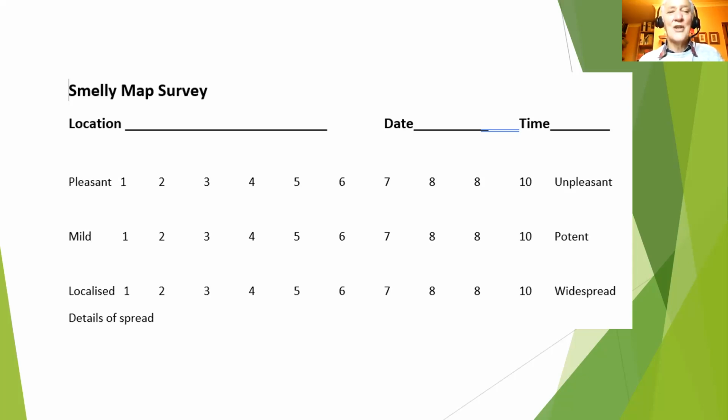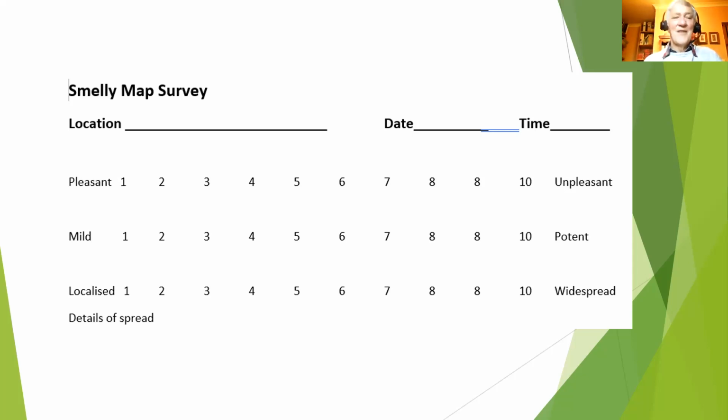Are the smells pleasant or unpleasant? Can you grade them on that 1 to 10 basis? Mild and potent. Is it a very mild smell or is it a very strong smell? Is it localized, a smell that's specific to a very small area, or is it widespread?